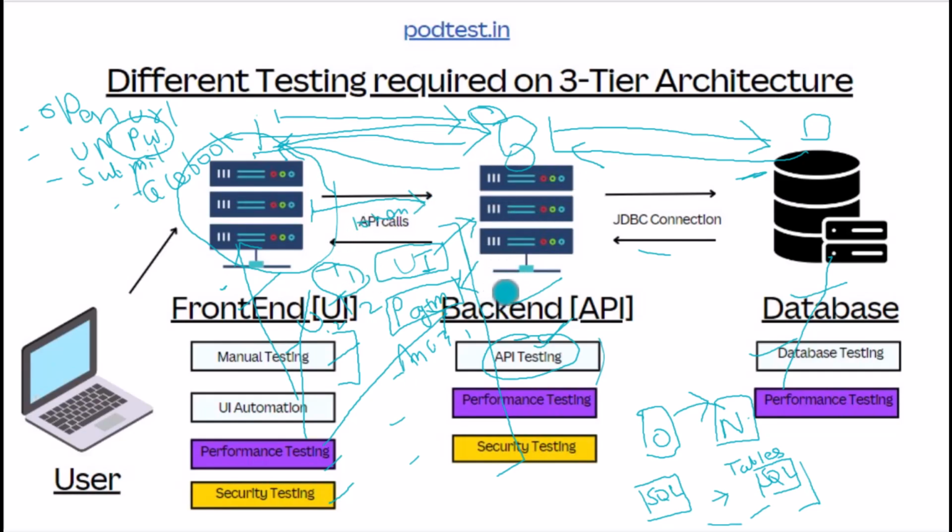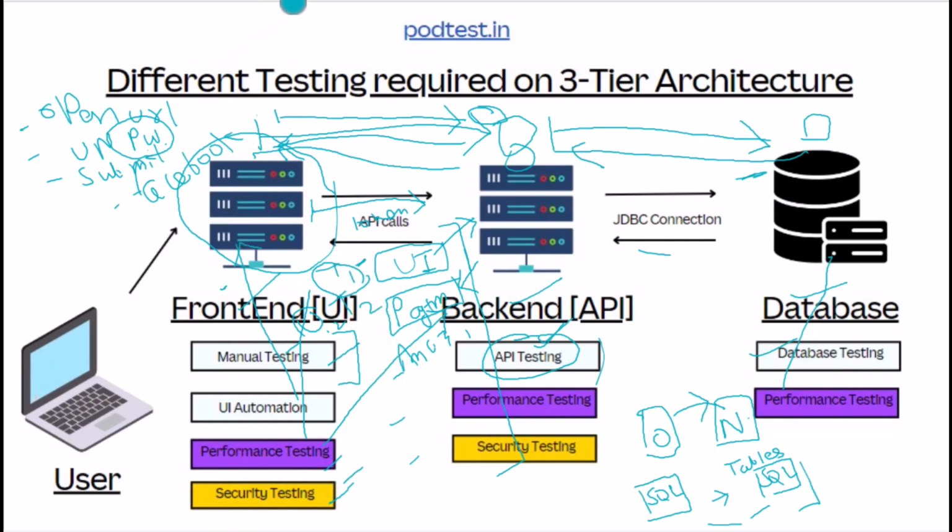If there is a security lapse on the backend, the second user will get access to the data of user 1, which is again a security concern. So by doing security testing, you are identifying the security lapses you could have in any of your layers. That is what we try to target when we do security testing.